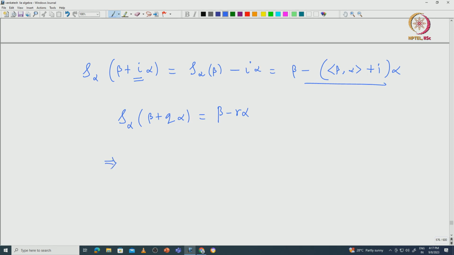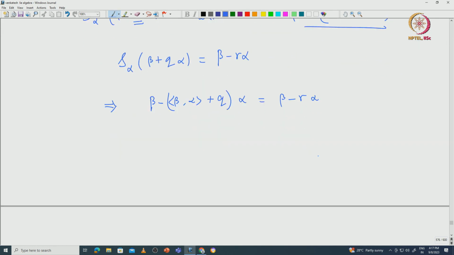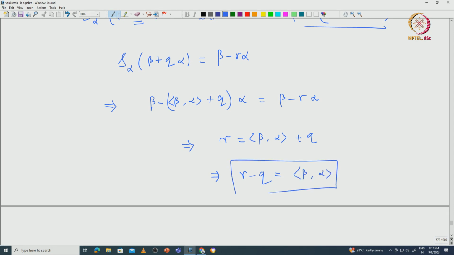This forces that beta minus the Cartan number of beta with alpha plus Q times alpha will be equal to beta minus R alpha. Cancelling beta and alpha, we get R equal to the Cartan number plus Q. So, R minus Q will be exactly equal to the Cartan number of beta with alpha.